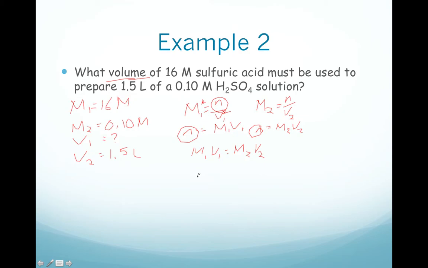So we have M1 is equal to 16 molar. Let's do 16 molar times, and I don't know V1, so I'm going to put times V1 has to be equal to M2, which is 0.10 molar, times 1.5 liters.